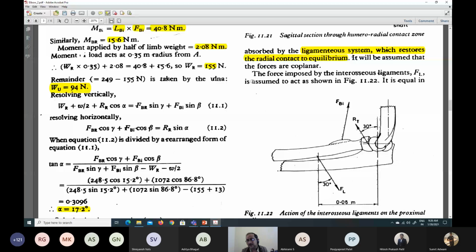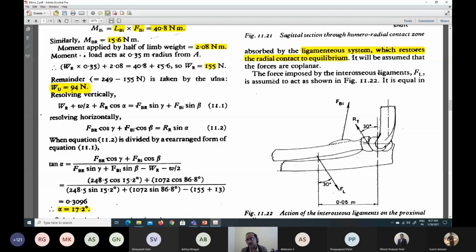Okay, so here also the radius is being held together with the humerus through a ligamentous system, and they stabilize the system in such a way that it restores radial contact with the capitulum and thereby restores equilibrium of the system.